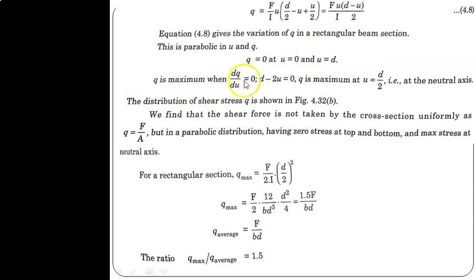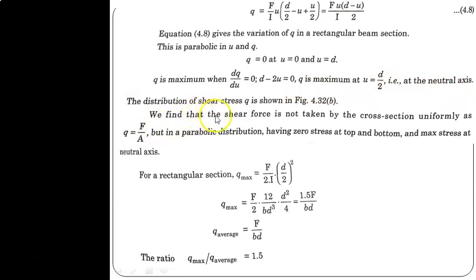So q is maximum when dq by du is equal to 0. So d minus 2u equal to 0. Therefore q is maximum at u is equal to d by 2.